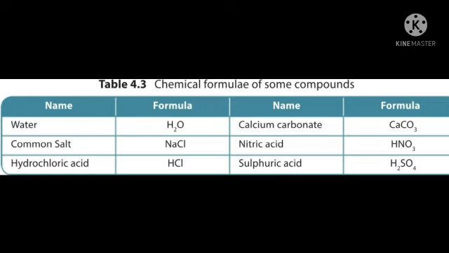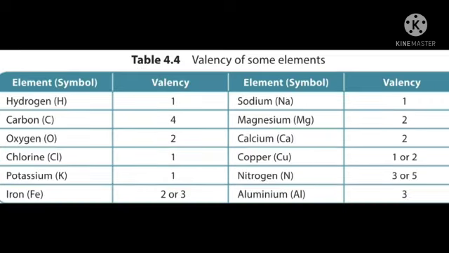Then valency. What is called valency? The combining capacity of the atom of an element is called valency. For that we have seen some examples. Hydrogen valency 1. Carbon 4. Oxygen 2.